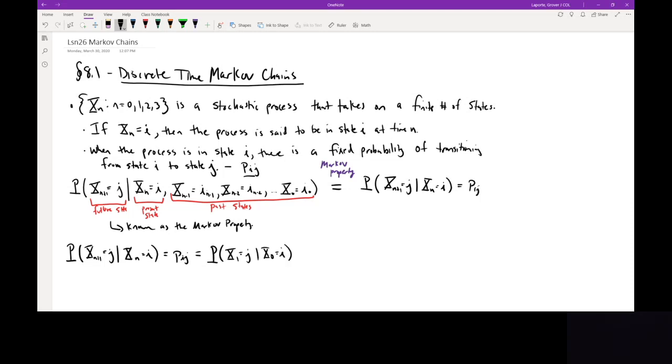In other words, these probabilities don't change over time. And that's known as time homogeneity. And if you have these properties, then you have the Markov property.